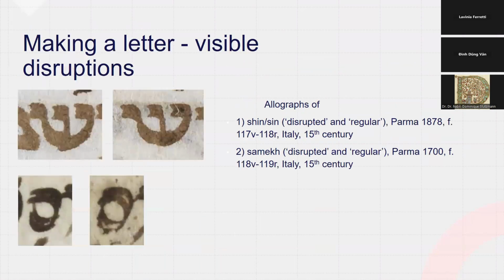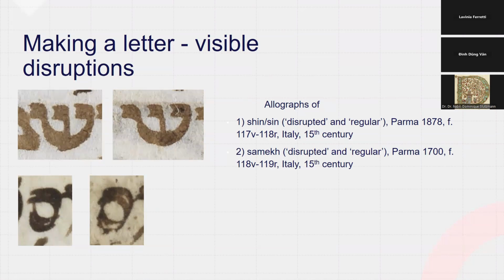Now let's talk more about how a letter is made. Here I present to you two allographs of the same letter. In the first row, it's the letter Shin or Sin. One example, this first one on the left, is the disrupted variant because maybe the scribe was in a hurry or for whatever reason, they didn't do the smooth connection here, but they did this little edge.